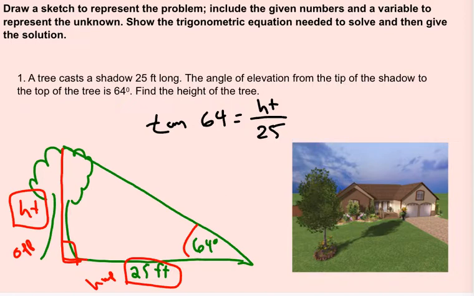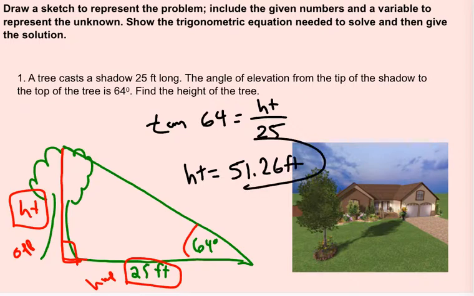So once again, tangent 64, I can put that into my calculator, make sure I'm in the right mode. Go into degree mode because I'm not there yet. So tangent of 64, in this case I'm going to multiply by 25. I get that height to be 51.26. This will be feet. So that's my answer. All right, 51.26 feet.